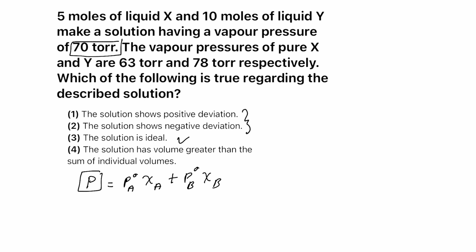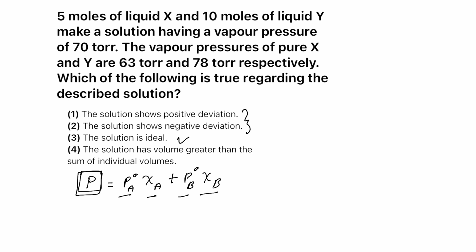That is the actual total vapor pressure. If it is ideal, you will get the same P here. Okay, you can substitute PA° χA, PB° χB and check what you are going to get. If you are getting 70, you can say the solution is ideal. Option 3 is right.